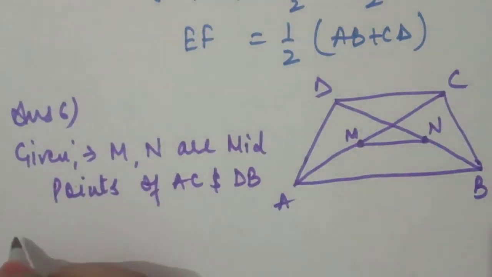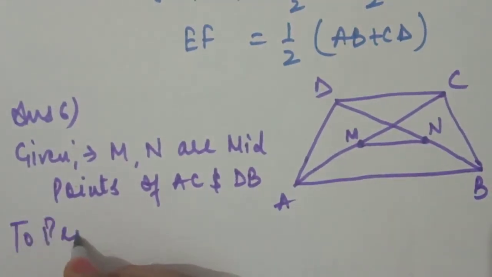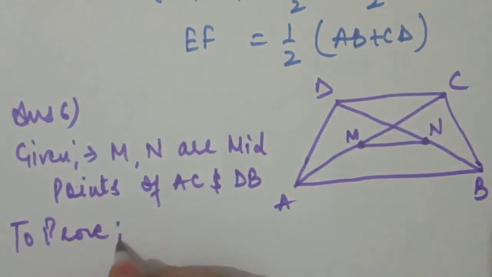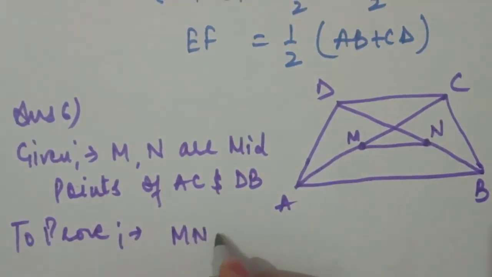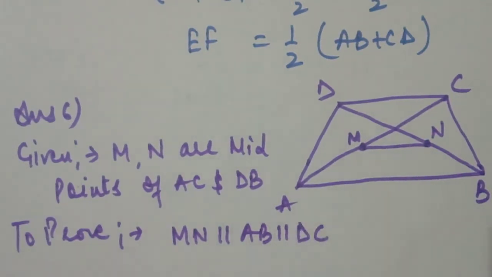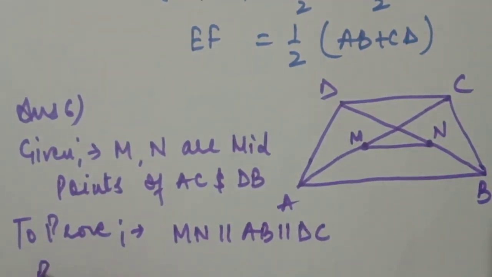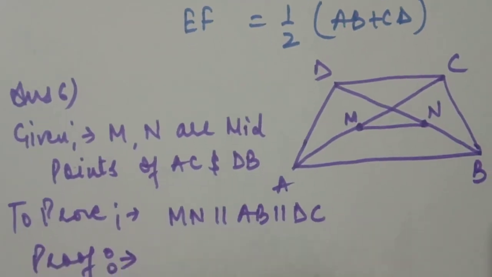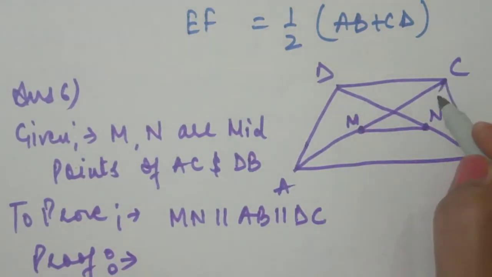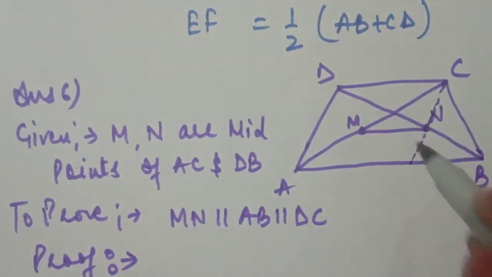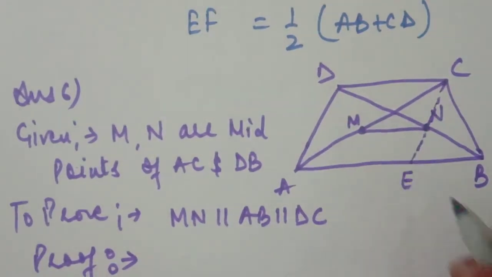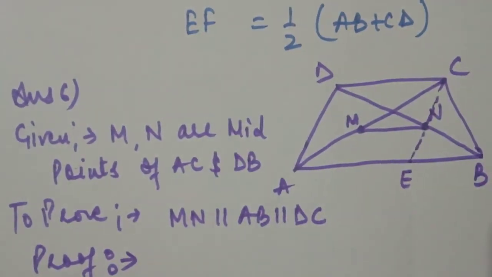And now we have to prove that MN is parallel to AB and parallel to DC. First of all, we have to do a small construction in it. We have to join C to E through N, through M.